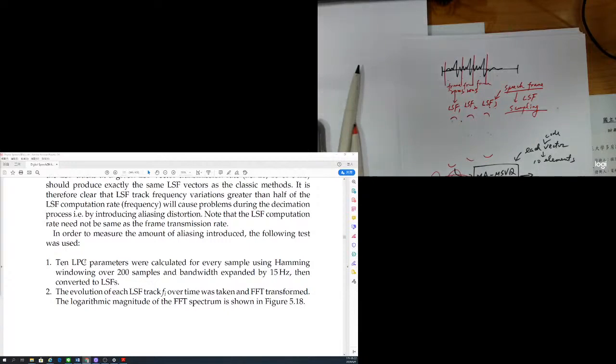Right now we consider LPC 10, and a Hamming window of 200 samples. Also you get a line spectrum frequency, each line spectrum frequency, and over time they take the fast Fourier transform to see what would happen. So what is each line spectrum track?